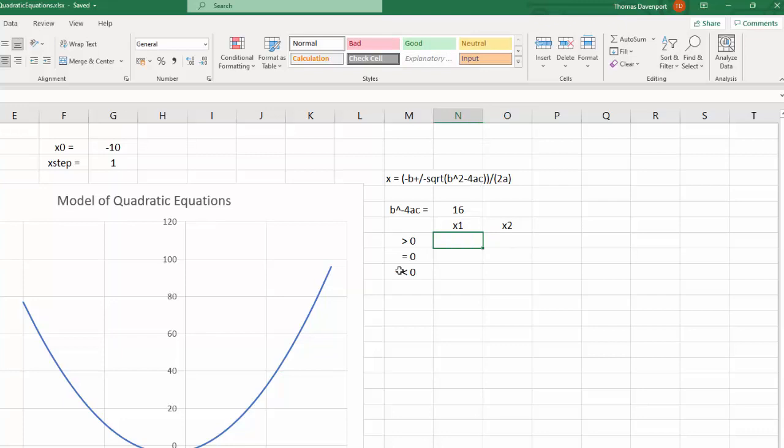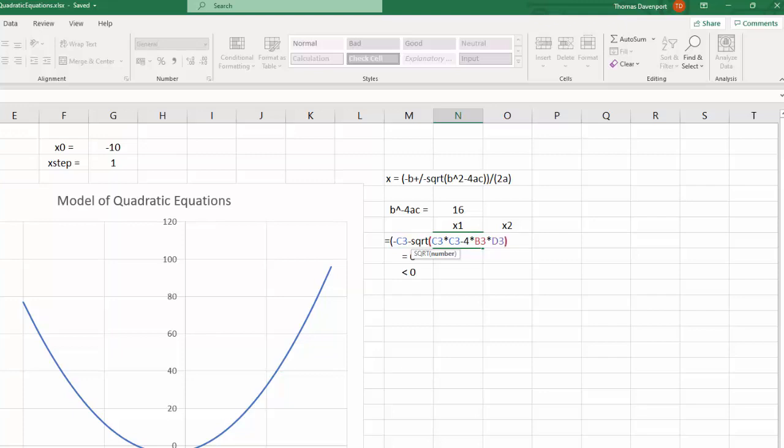So when b squared minus 4ac is greater than 0, I'm going to put a bracket and say minus b, which is there, plus the square root, no, I'll do the minus first, so minus sqrt brackets, and then it's going to be b times b minus 4 times a times c.